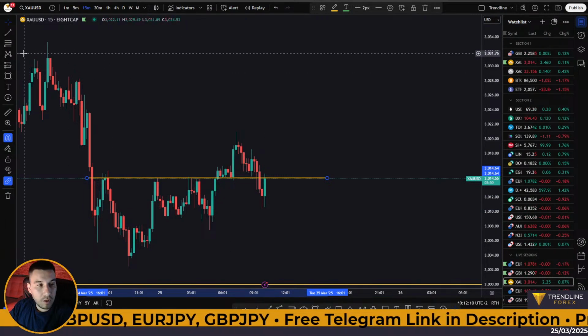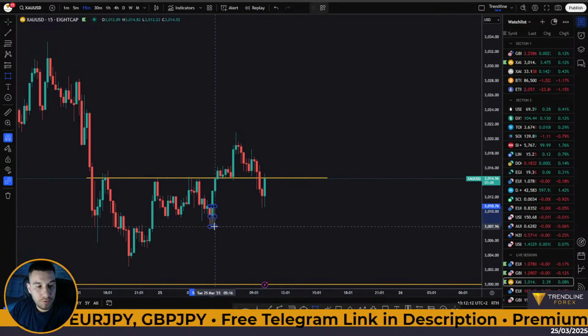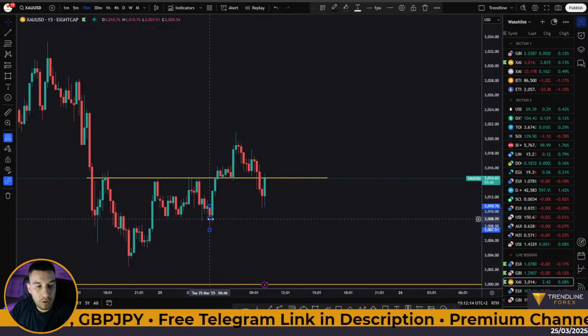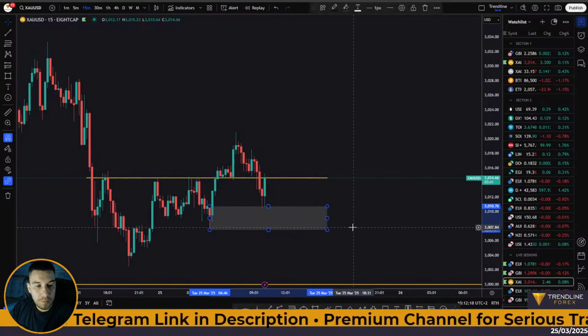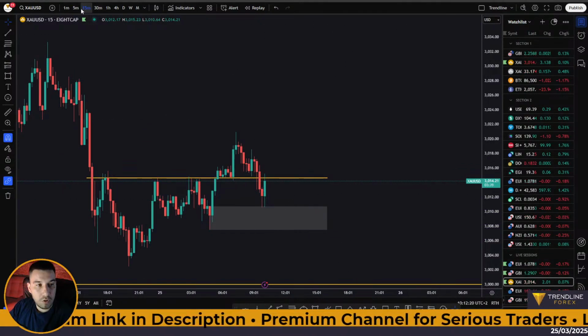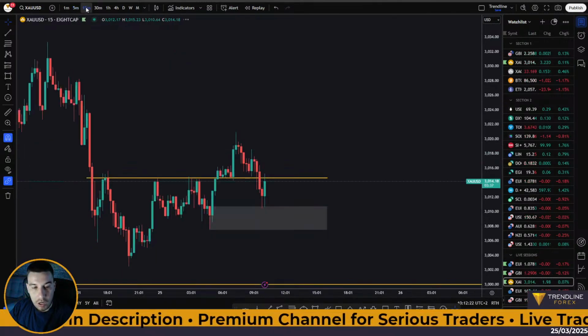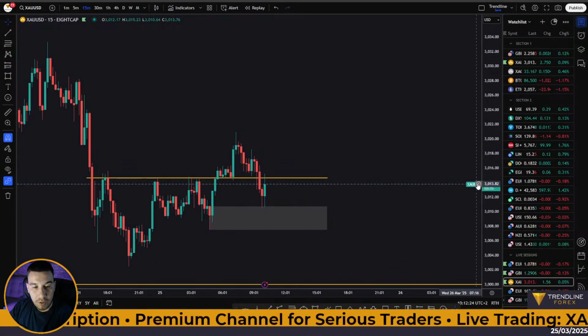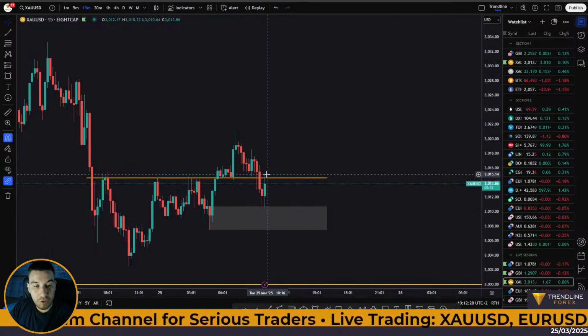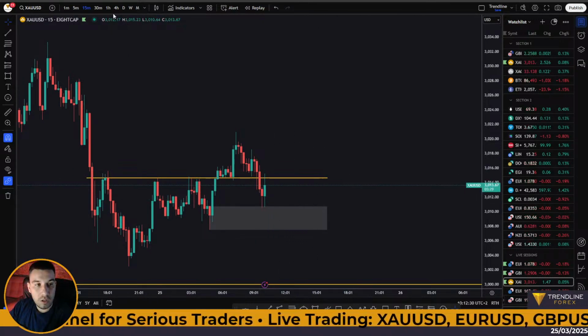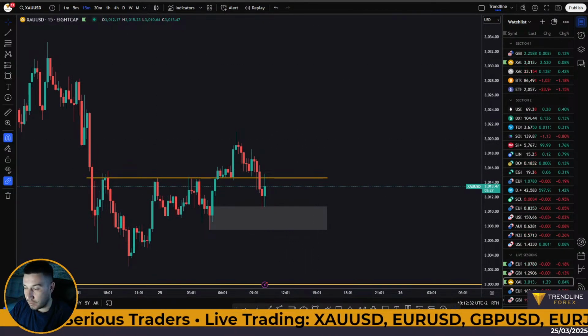But it looks like we came back for this area down here on the 15-minute time frame. So we're now potentially looking at the next move up. Now, I'm gonna wait the next 3 minutes to see how this 15-minute candle is gonna close. If it closes as a bullish candle, I'm gonna be looking for entries to the upside.